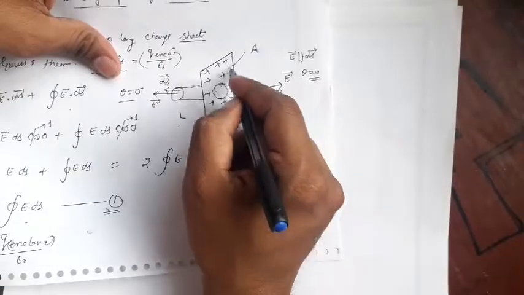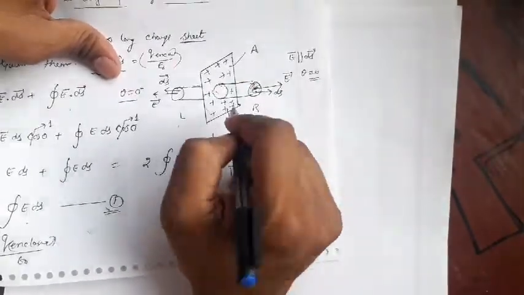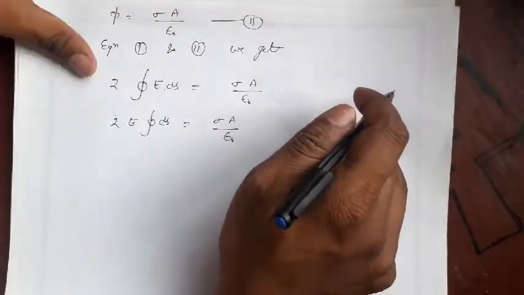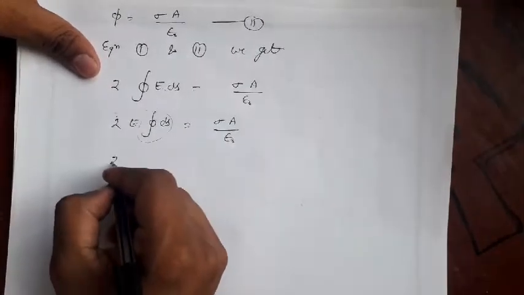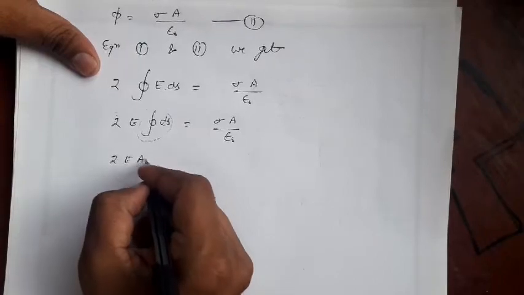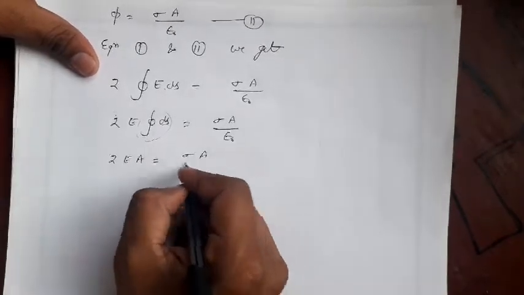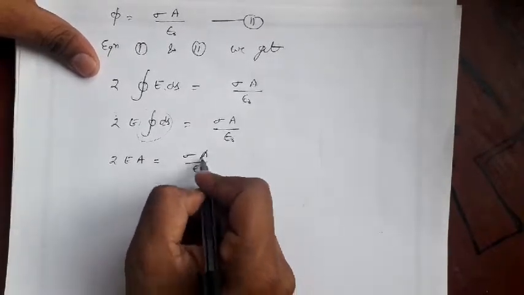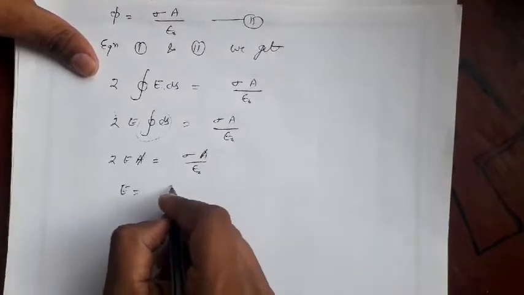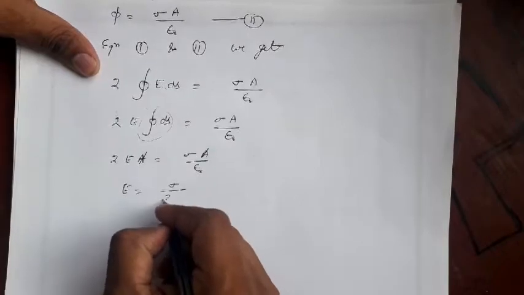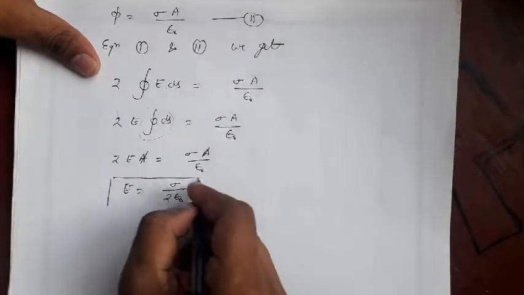If we integrate, then we will get the complete surface area. Then in place of this one, we will put the value of A: 2EA is equal to sigma A upon epsilon naught. A से A cancel, then we find electric field E is equal to sigma upon 2 epsilon naught.